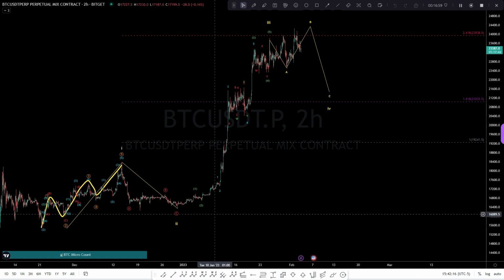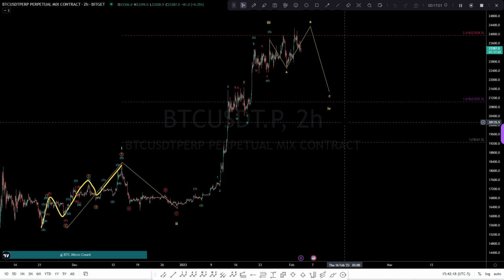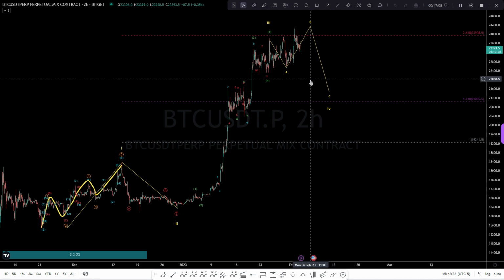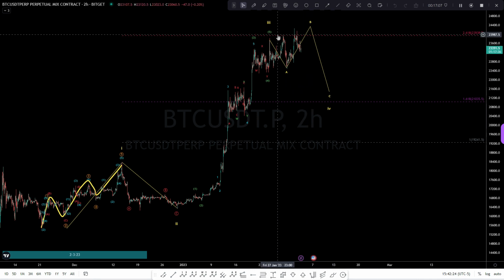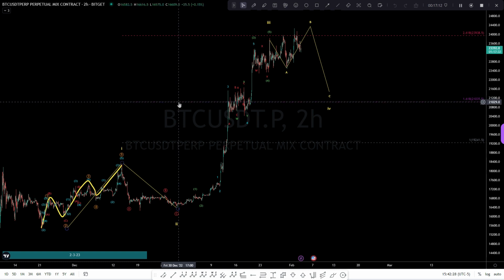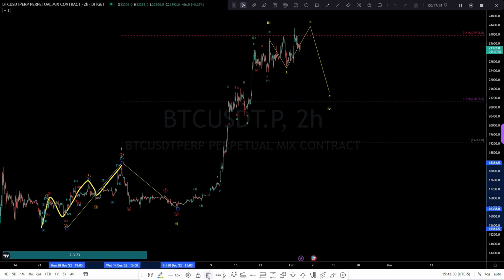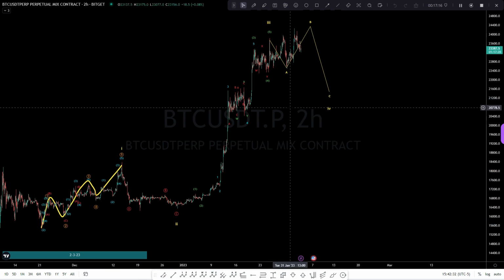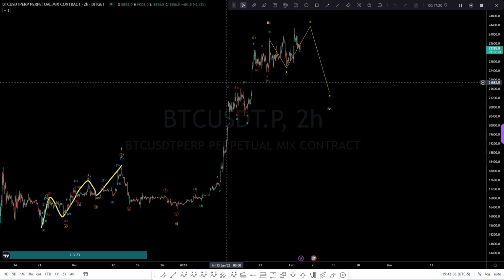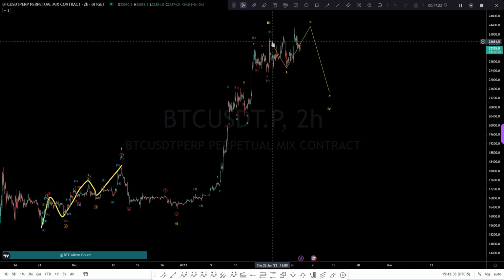That the third wave in this is complete. It's been extended. You go to a nice extension level with your fibs, okay? And now you start your 4. Okay, essentially your extension is 1, 2, 1, 2, 3, 4, 3, 4, 5. Done. Now you've started your 4.